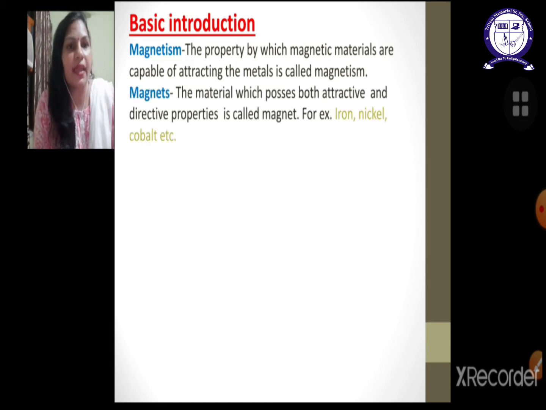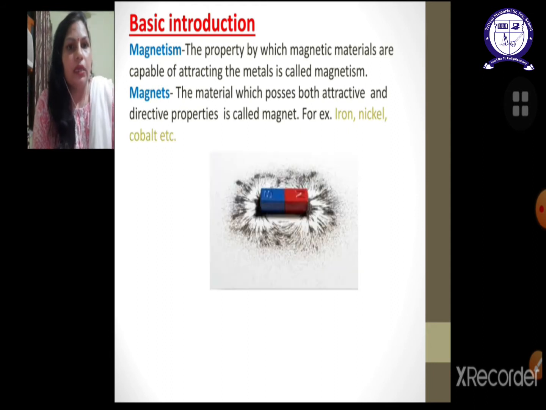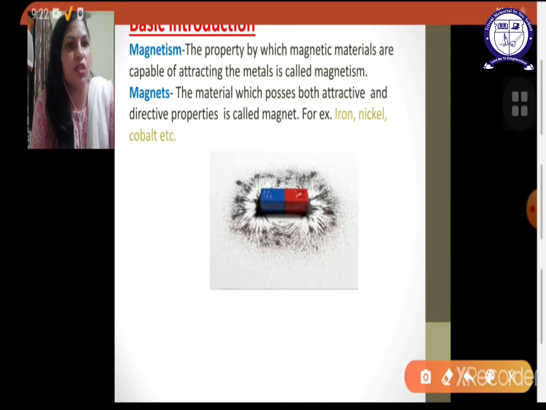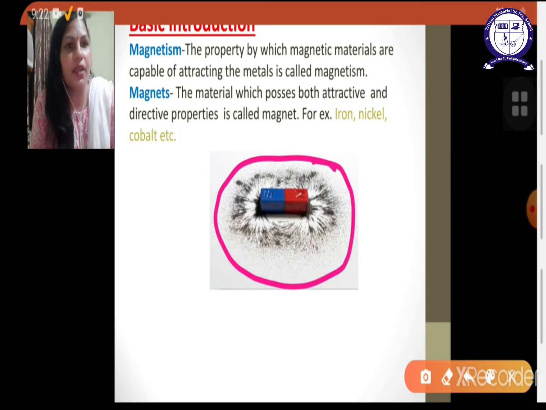So in the next diagram I will show you. In this particular diagram, you can see that there are magnetic materials spread near the bar magnet, and exactly at the center we have kept the bar magnet. Near it, the iron pieces or small magnetic material particles have been attracted by the bar magnet.